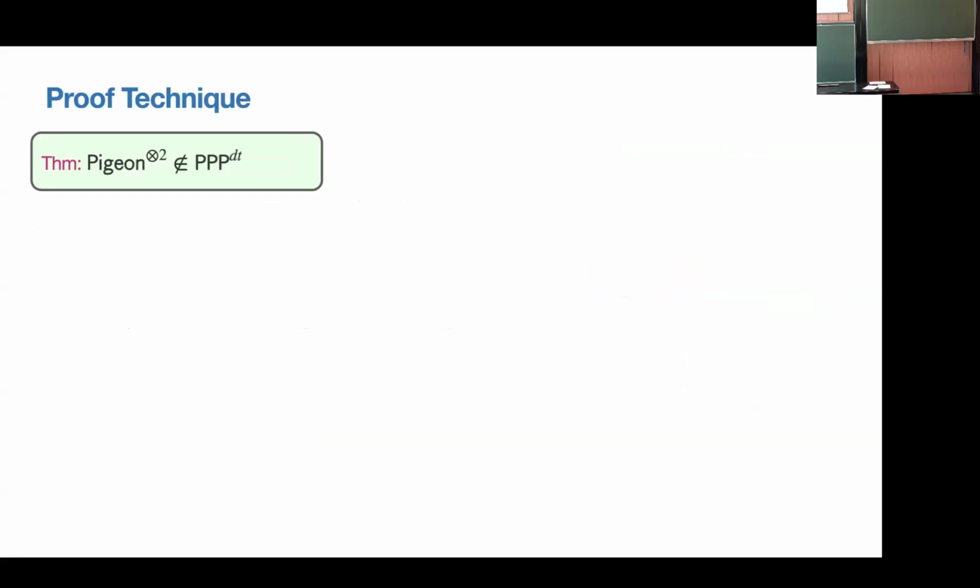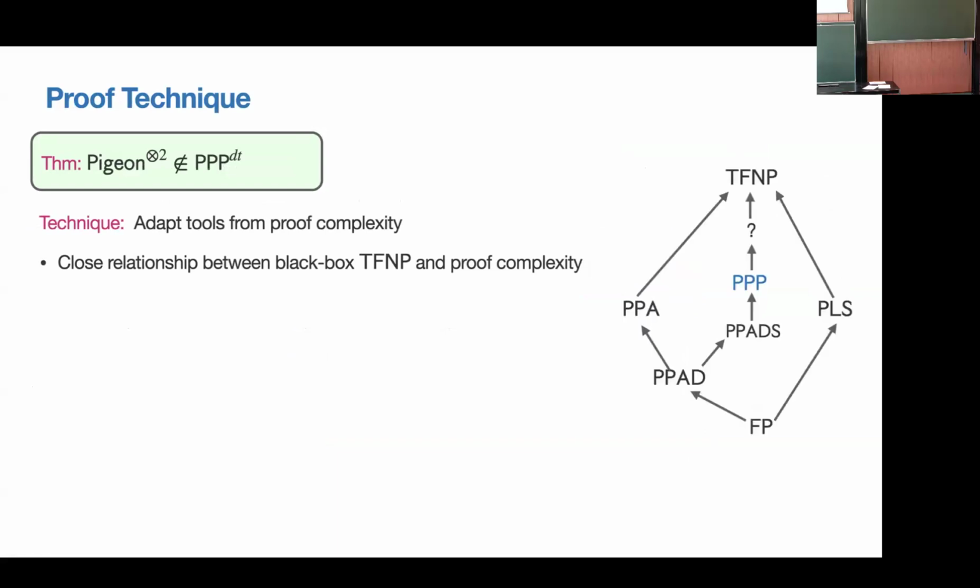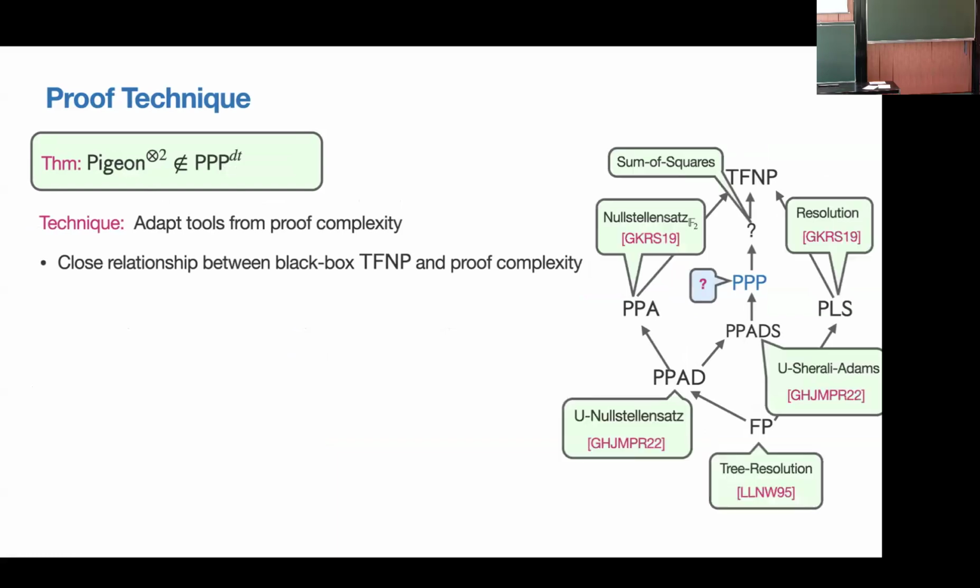Okay, so how do we do this? We're going to adapt techniques from proof complexity. As Robert mentioned, there's this very close relationship between black box TFNP and proof complexity. So here's the standard list of TFNP classes, and we have a bunch of characterizations of these TFNP classes by various proof systems.